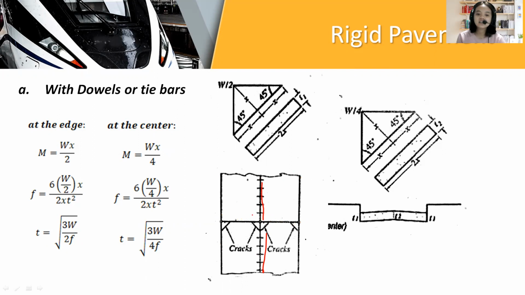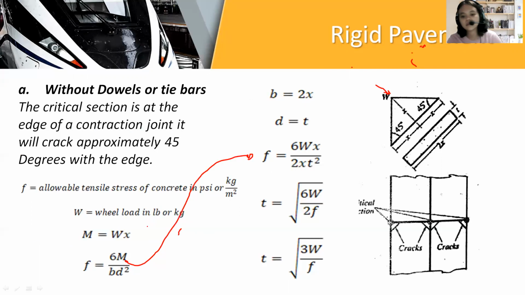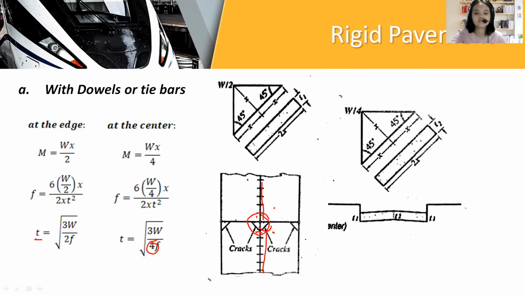Pagka sa center, since apat yan na naghahati-hati sa kanya, divide by 4. So, yung thickness natin at the edge is 3W over 2F. Tapos, pagka at the center, over 4 siya. Kapag no dowel, wala din tayong over 2 dito.